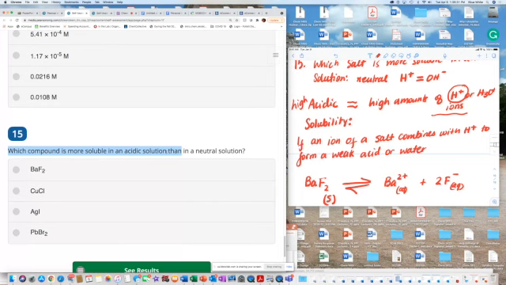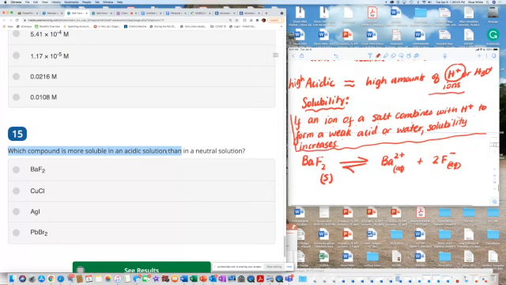Oh, I said it a lot better today versus the last time I covered this. If an ion of a salt combines with H plus to form a weak acid or water, comma, solubility increases. This is the rule we are applying to judge which one will be more soluble.